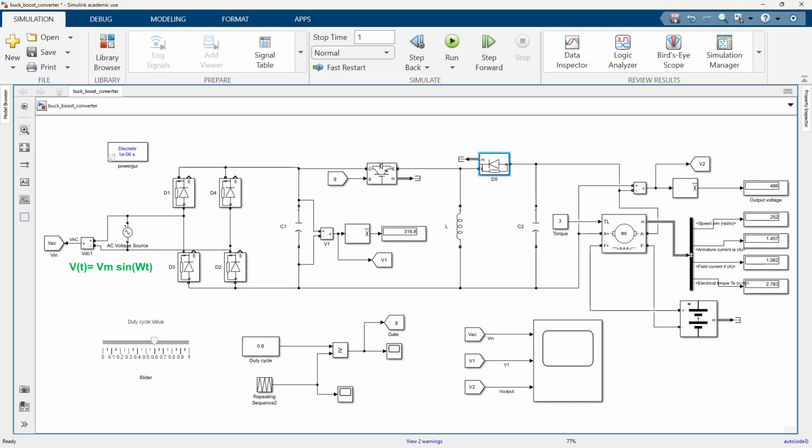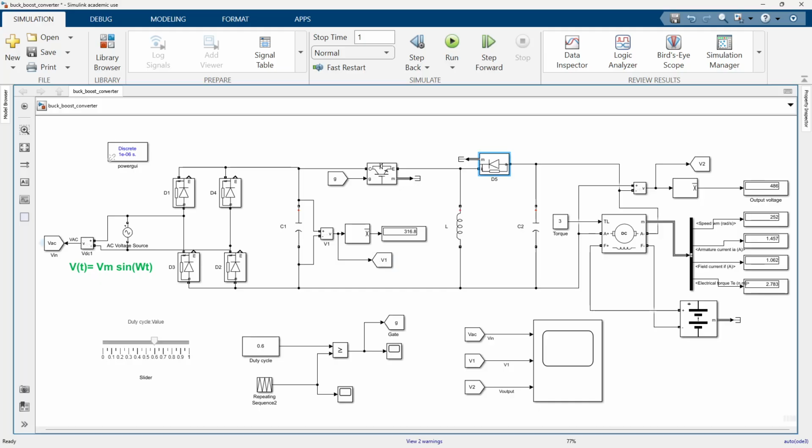The output voltage given to the armature is V2, and the output voltage V2 equals the duty cycle times the V1 input voltage.